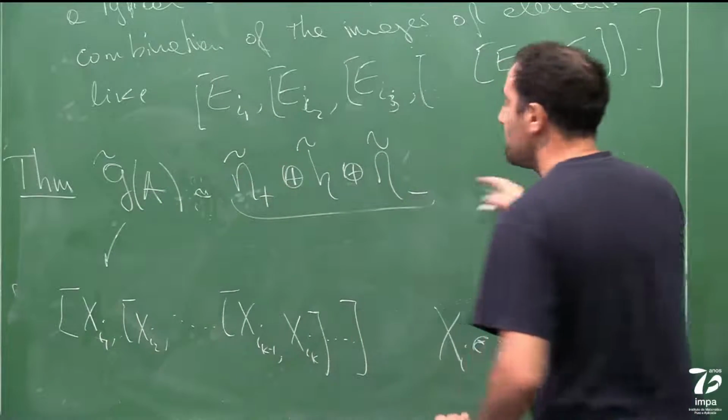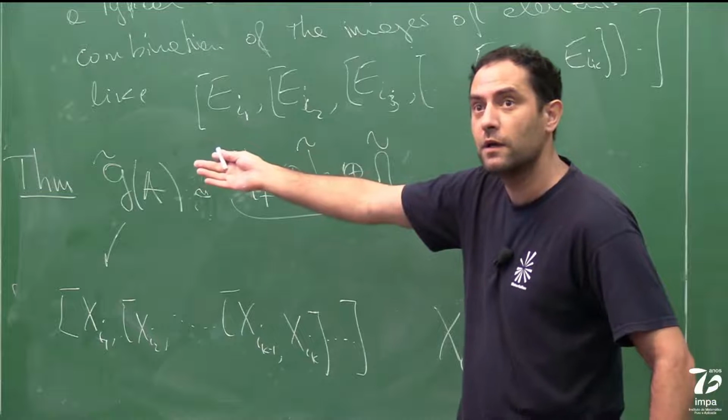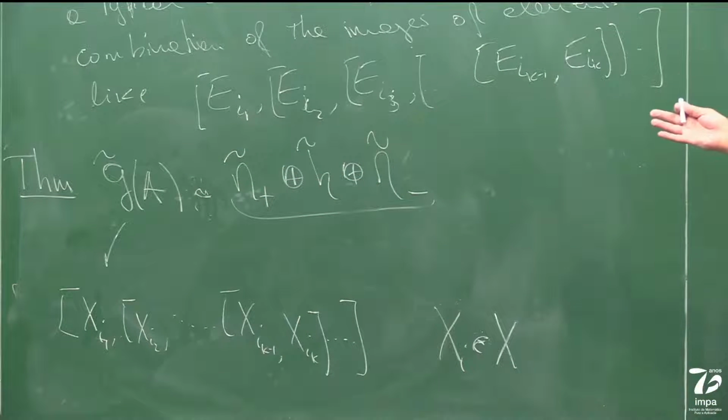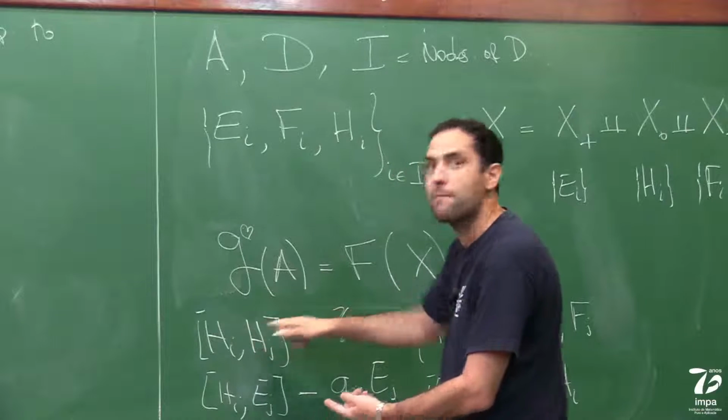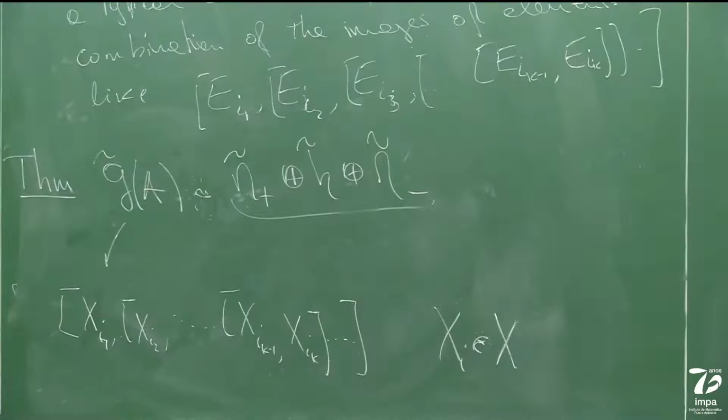It's not obvious immediately that the sum is direct because I am quotienting by something. And that ideal might have cross terms, might identify something in the image of n plus with something in the image of n minus, in principle. Right? See, if one of these relations was ei minus fj, then clearly that could not have been a direct sum.